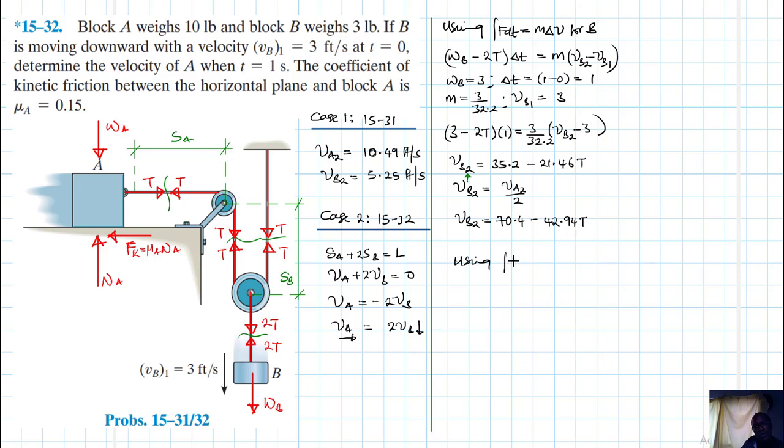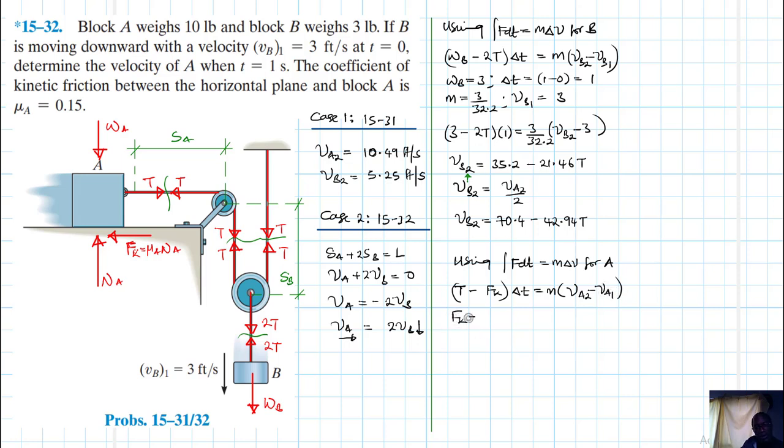Then using the integral of F dt equal to m delta v for A. Here there is friction, don't forget that. So it's T minus friction Fk times delta T equal to M times VA2 minus VA1.